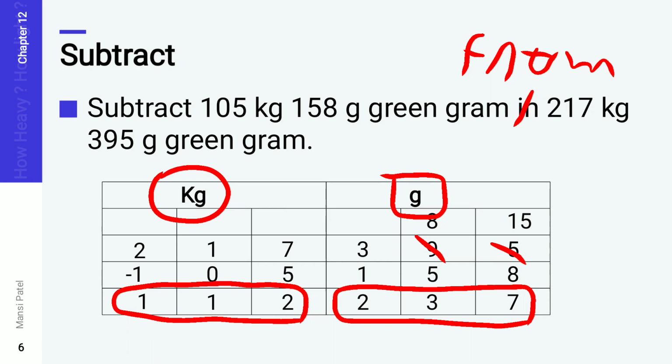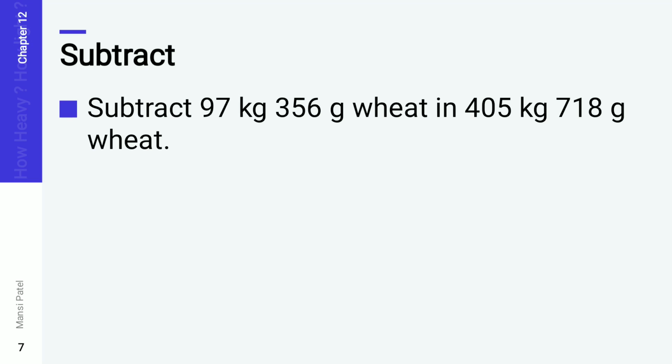Let us see the next example. In this again, what do you want to subtract? In this you have to subtract 97 kilogram 356 gram wheat. Again here, instead of this "in", what do you want to write down? You have to write down "from". You have to subtract 97 kilogram 356 gram wheat from 405 kilogram and 718 gram wheat.